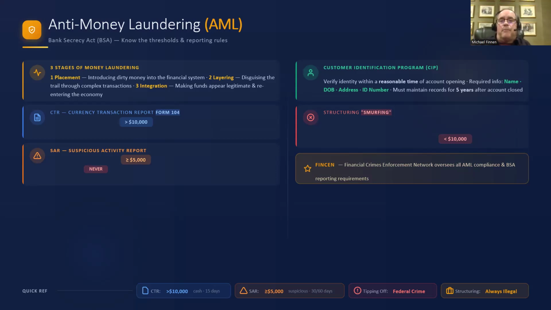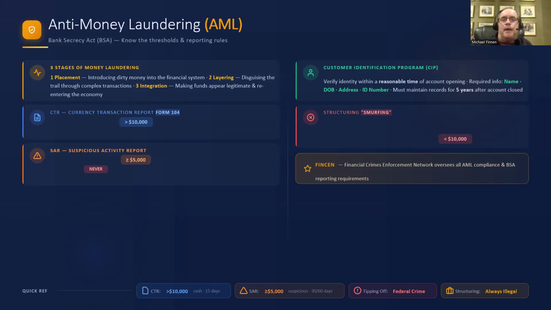FinCEN is the Financial Crimes Enforcement Network. They're basically the enforcement network for all AML compliance, and bank secrecy laws are also that's called BSA. BSA reporting requirements, and so bank secrecy requirements, and obviously with us, it's mostly BDs and IA reporting.